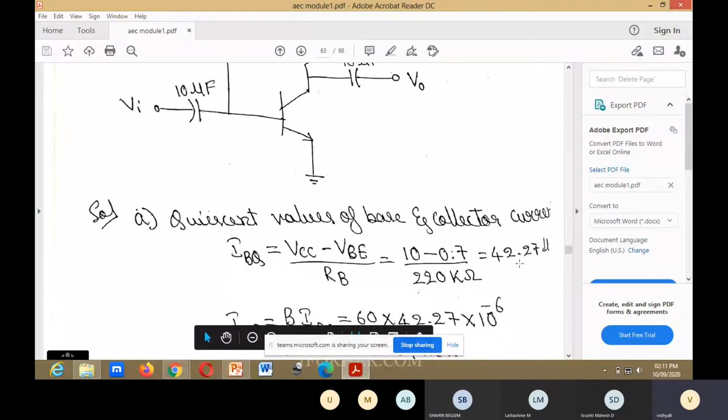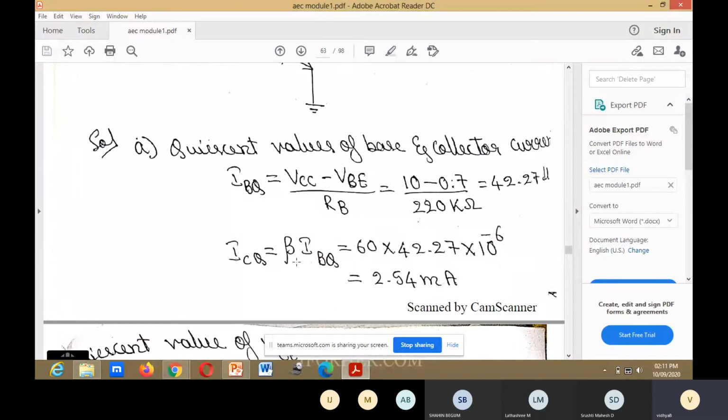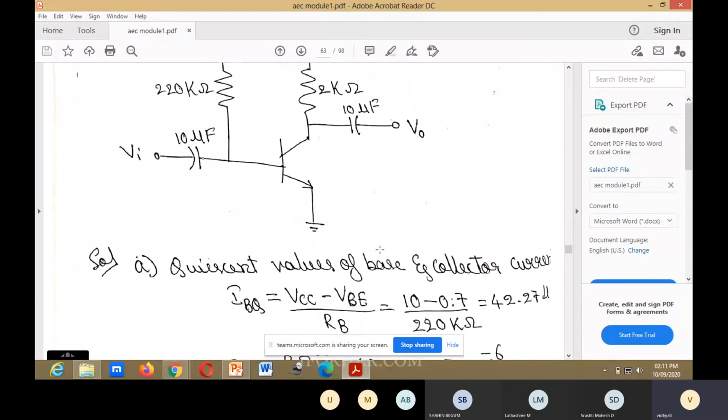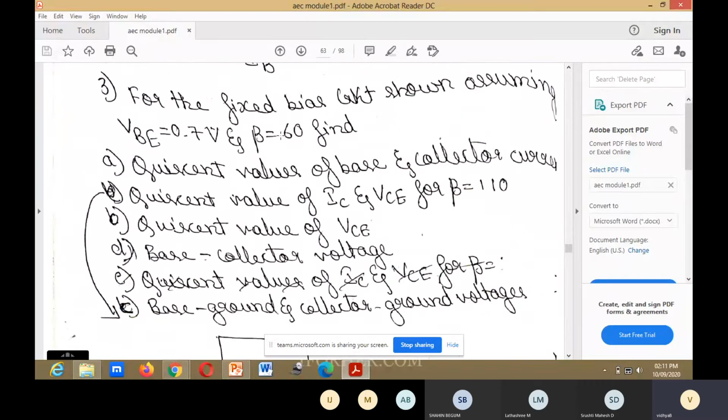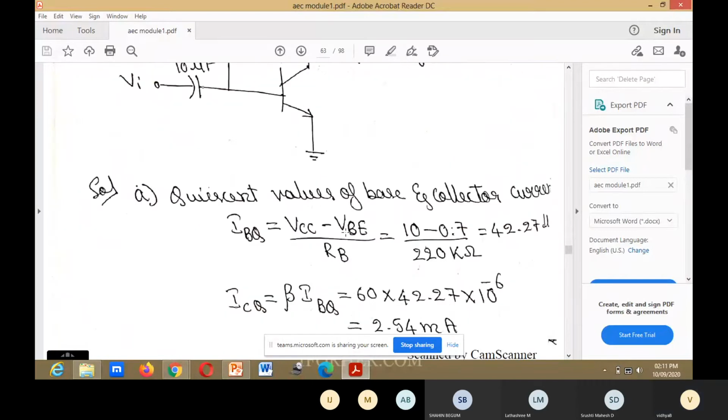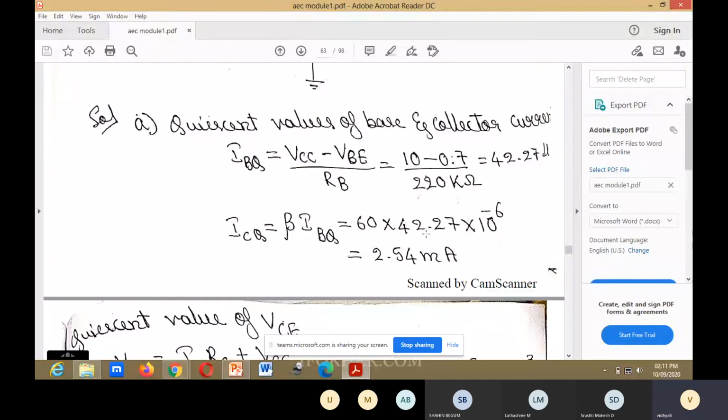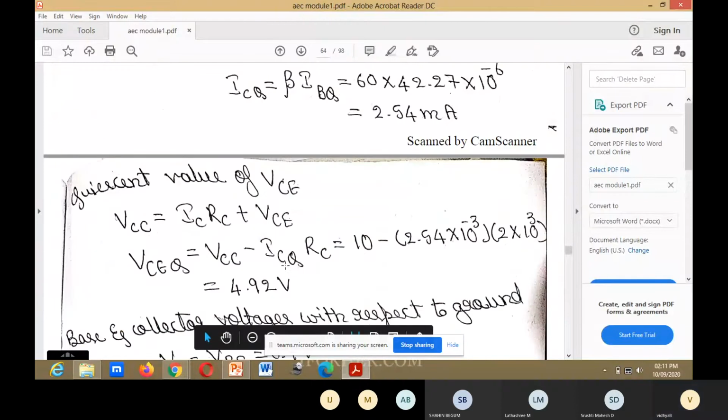After solving, 42.27 microamps. ICQ is equal to beta into IBQ. Beta value they have given 60. So 60 into 42.27 into 10 to the power of minus 6. After solving, 2.54 milliamps.